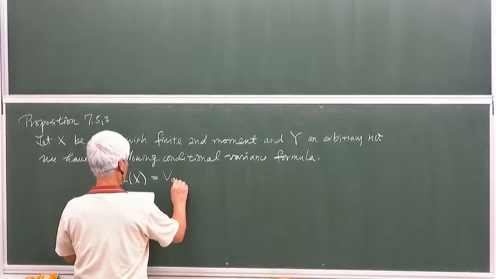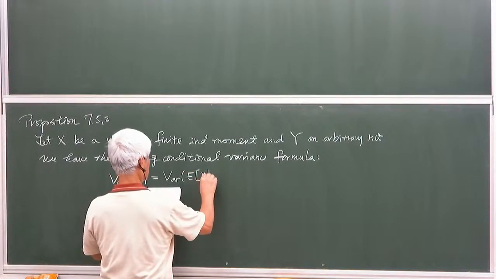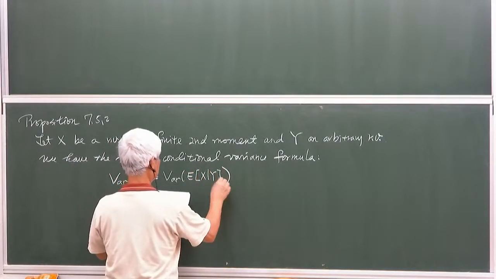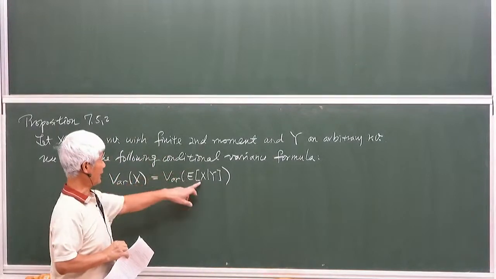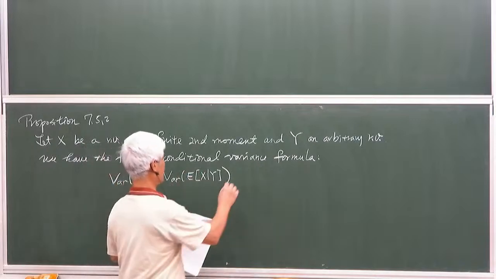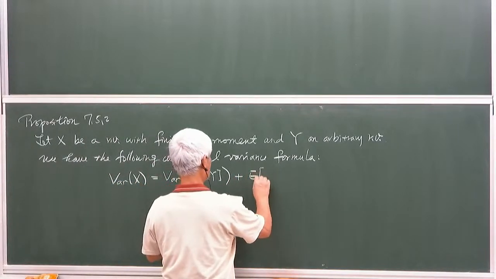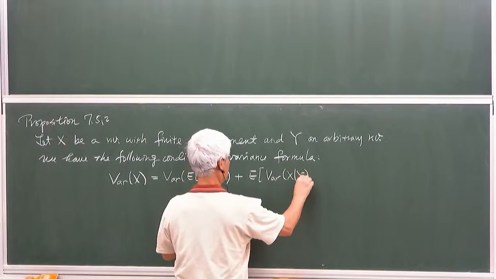The first is the variance of the conditional expectation of the random variable X given random variable Y, plus the expectation of the conditional variance of X given Y.